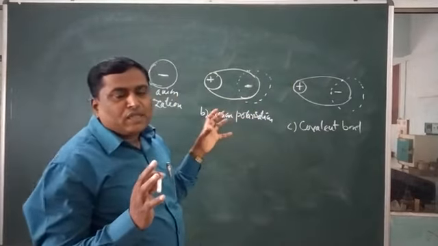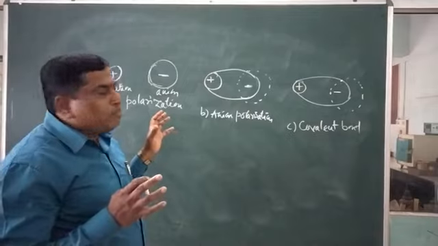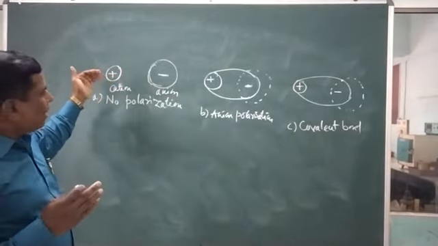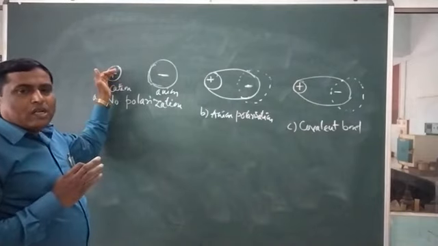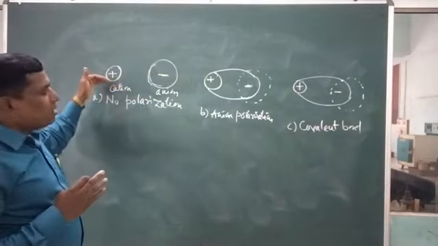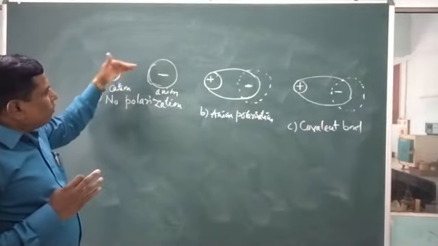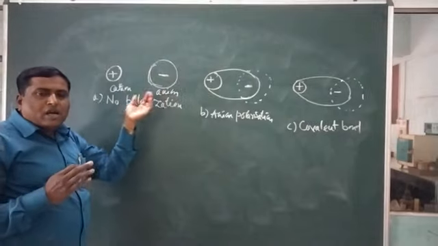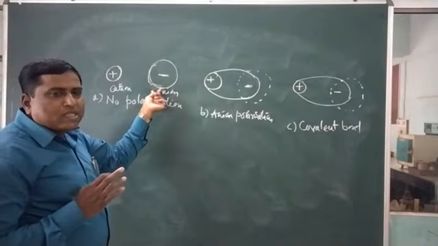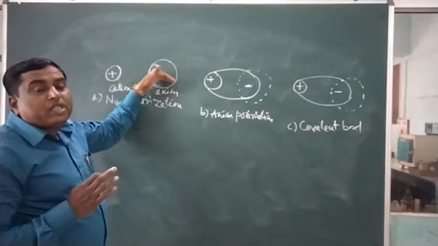Now, what does polarization effect mean? The cation has the power to polarize the anions. This power is called the polarizing power of cations. The anion undergoes polarization by the cation, and hence it is called the polarizability of the anion.